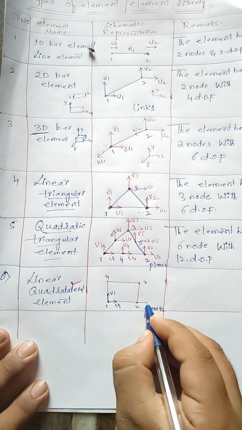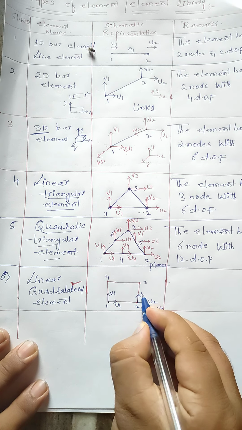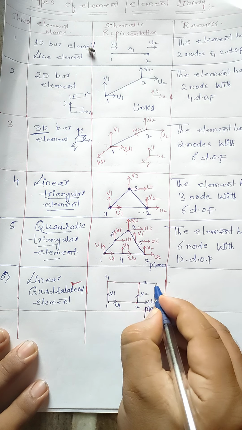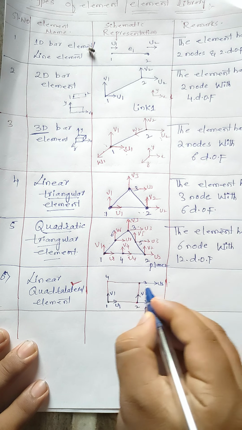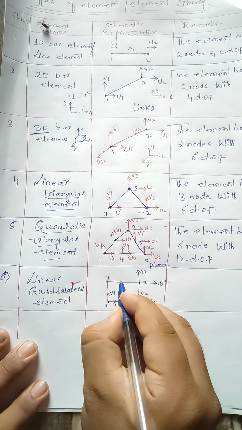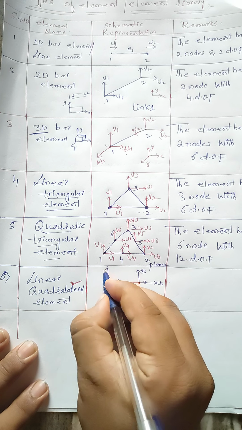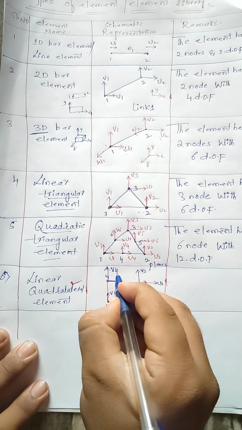Okay, and displacement u2 is acting in the x direction and displacement v2 is acting in the vertical direction. Displacement u3 is acting in the x direction and displacement v3 is acting in the vertical direction, and displacement u4 is acting in the x direction and displacement v4 is acting in the vertical direction.